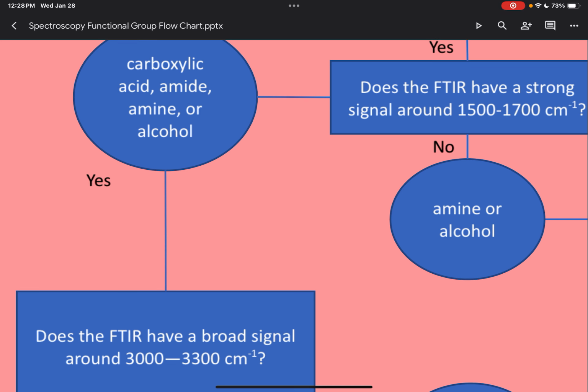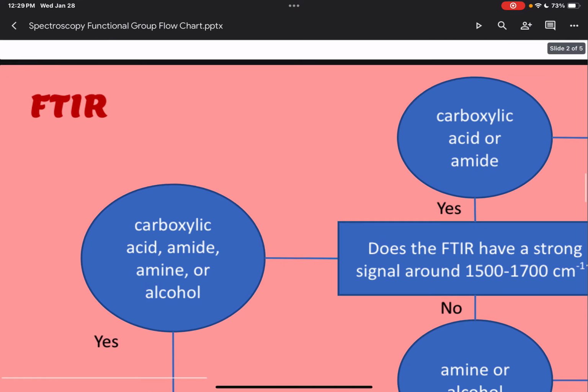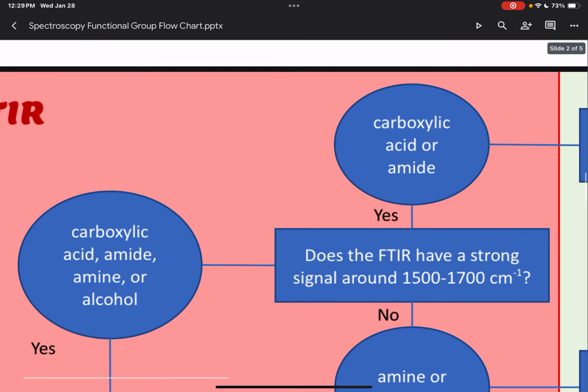Now, that's not going to give you the whole picture. It's not going to tell you the structure of the molecule, but that's okay, because we're going to spend the next week and a half talking about 3 other techniques that are going to be used in conjunction with this technique that will give us a full picture of what the structure of the molecule is.